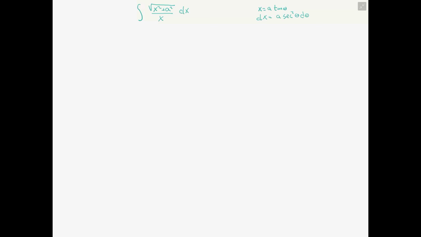So we choose a different trig substitution. x equals a tangent theta, dx equals a secant squared theta d theta, and we plug them into our expression.